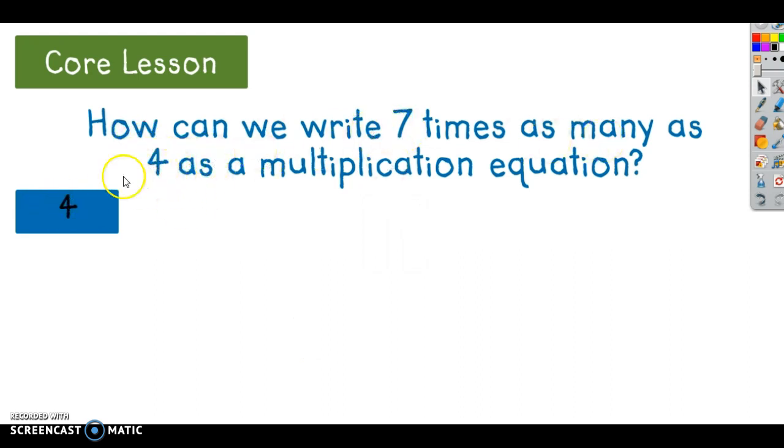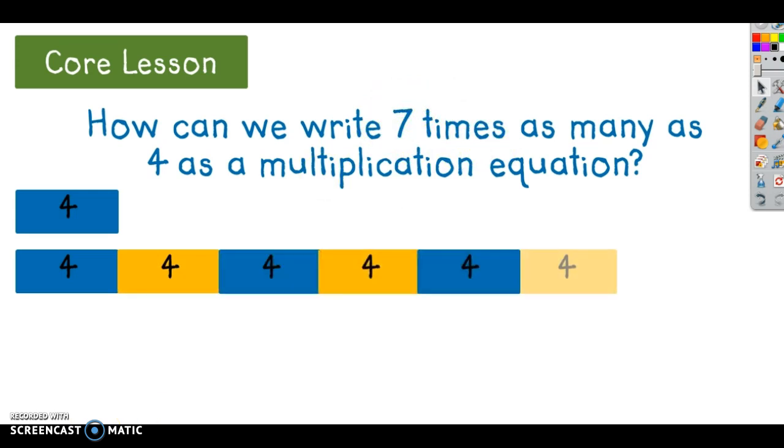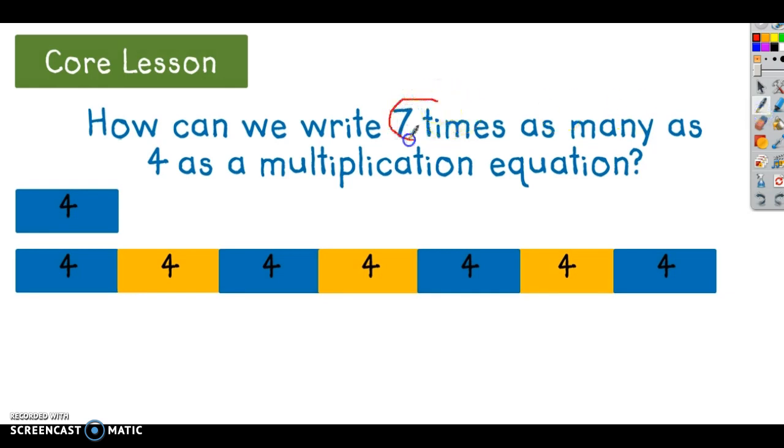So we're starting with 4, and we're going to do it 7 times. So there's 1, 2, 3, 4, 5, 6, 7. So again, we're doing 7 times as many as 4. And it's kind of easy to remember because it's 7 times and we did it 7 times.